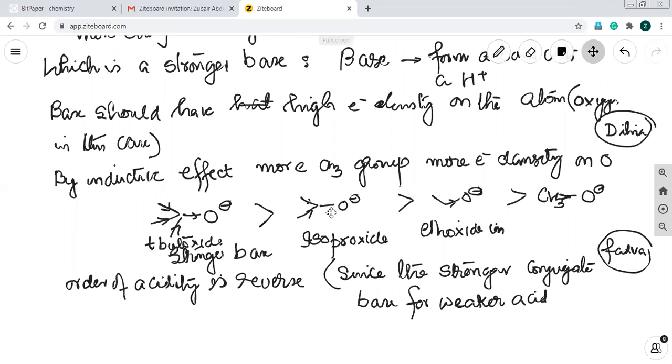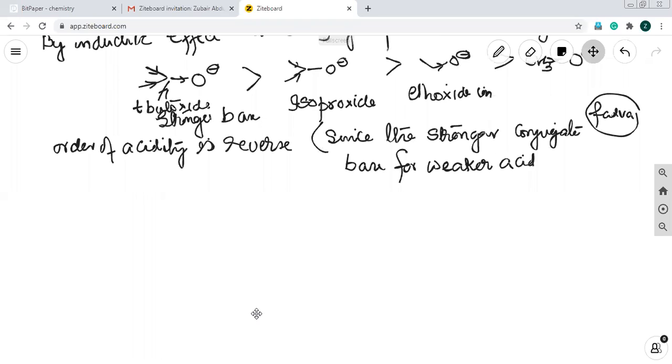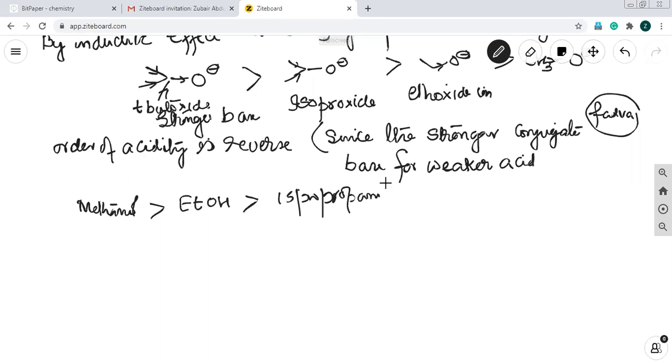So, therefore, the order of acidity: methanol is a stronger acid than ethanol, than isopropanol, than tertiary butanol.